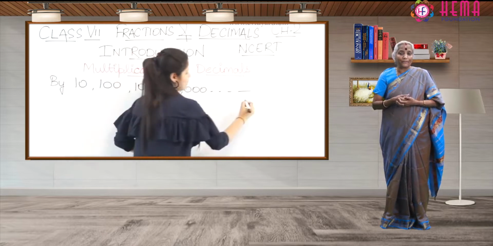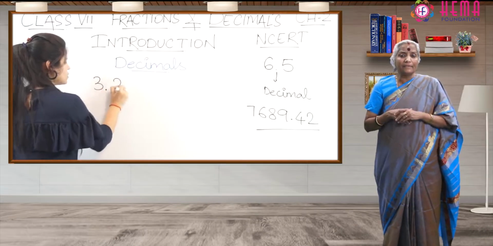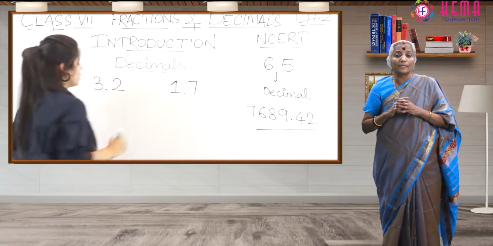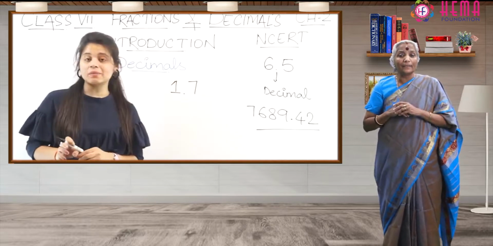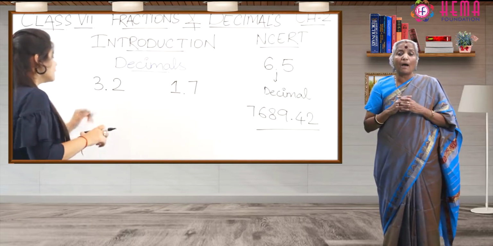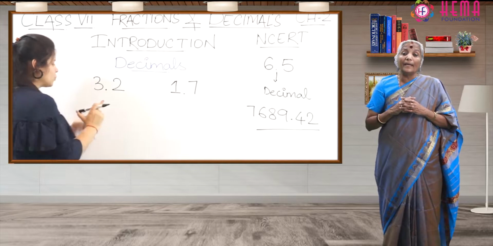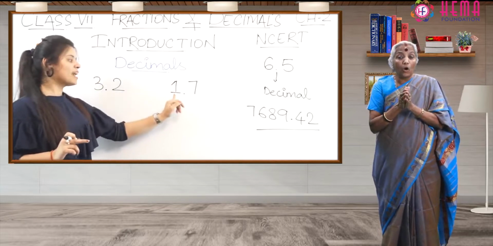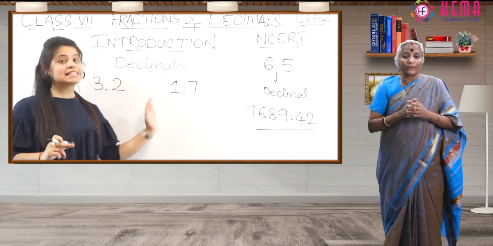1000, etc. A decimal number refers to a number consisting of two parts, the integral part and the fractional part. These are separated by a decimal separator called the decimal point.